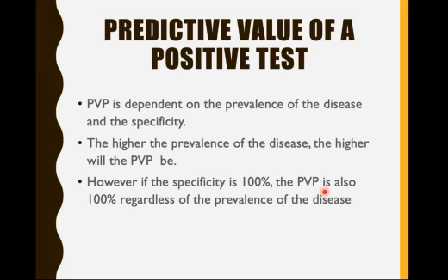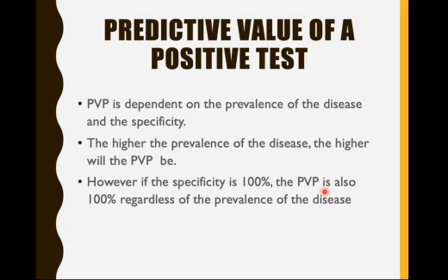But because there is no false positive rate, when a person tests positive for the disease, then it must be a true positive, because the false positive rate is 0 if the specificity is 100%.